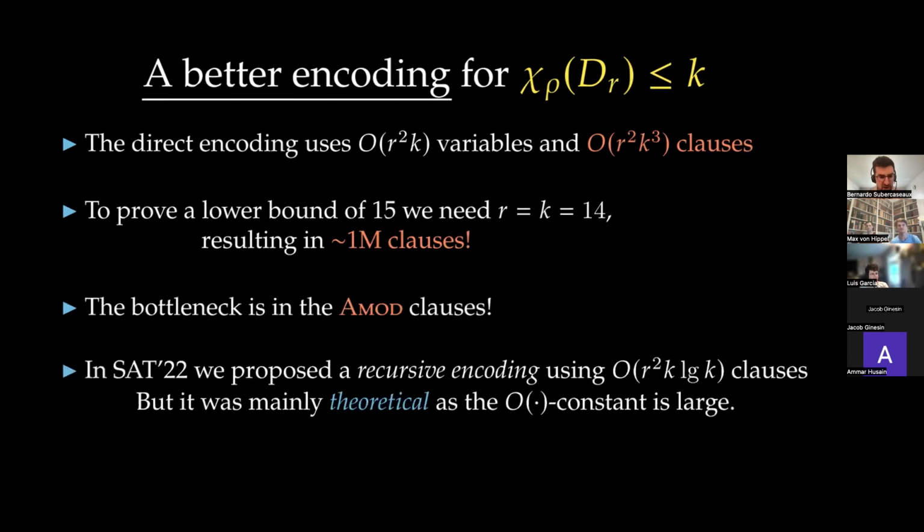In our SAT 2022 paper, we proposed a recursive encoding that uses only r squared k log k clauses, but it is mainly a theoretical contribution because the constant hidden in the asymptotic expression is pretty large. It's like 64. And it actually doesn't work much better than the direct encoding in practice.